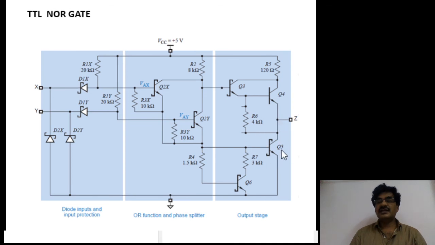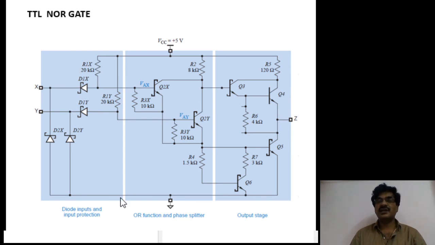Whenever Q5, Q2Y and Q2X are on, the base potential at Q3 is very low. That voltage is not enough to switch on transistor Q3 and Q4. So transistor Q4 goes to the off state. Hence the output is logic 0.